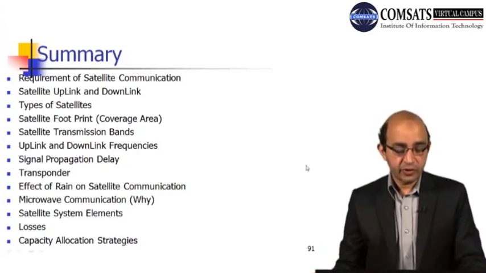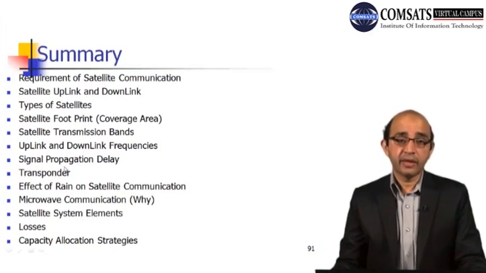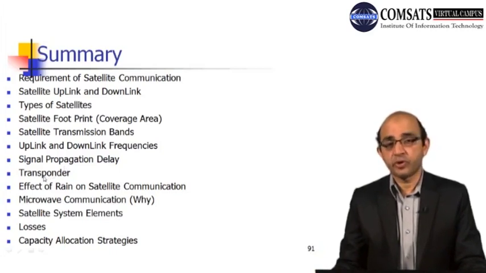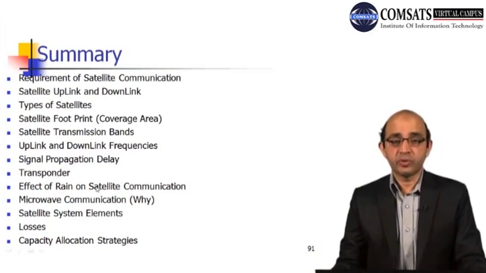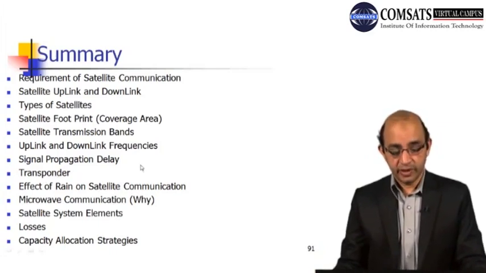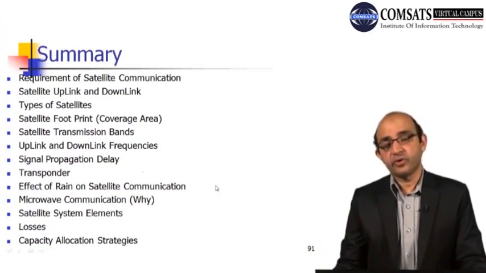Then we talked about the propagation delay, and one of the important elements in satellite communication is the transponder. We talked about the design and the electronics involved in the transponder.